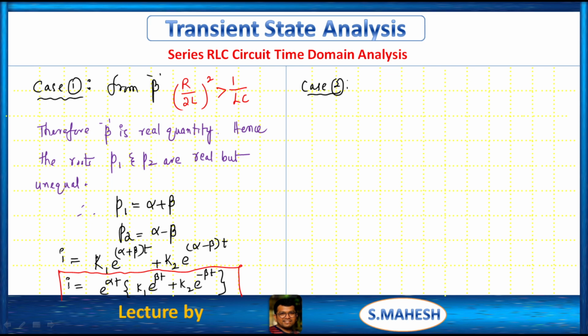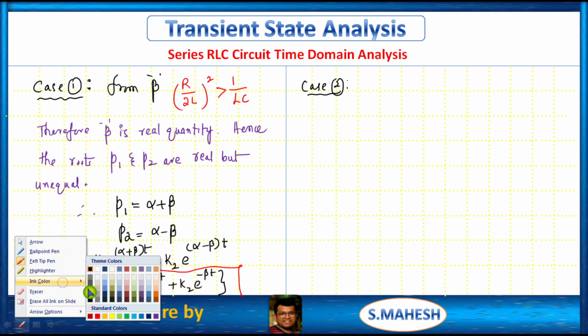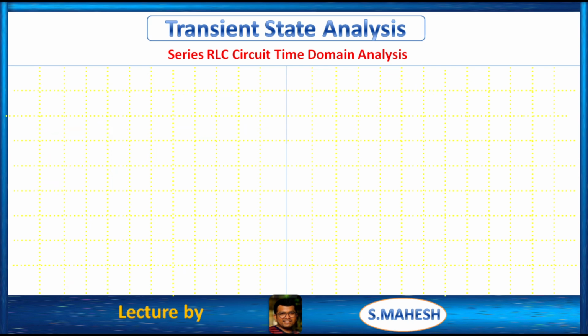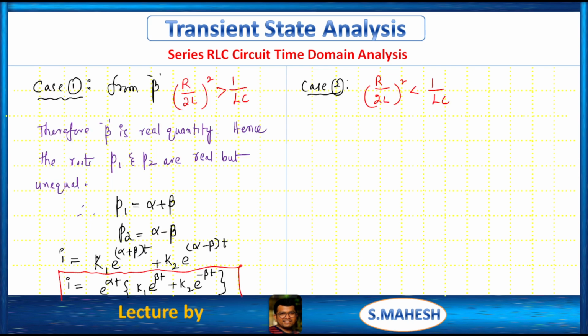Case 2, if R by 2L whole square is less than 1 by LC. Don't worry, I will clear your doubts with one example. Then R by 2L whole square is less than 1 by LC. Obviously what we will have? We will get the negative part of beta. In the square root we are having a negative part.